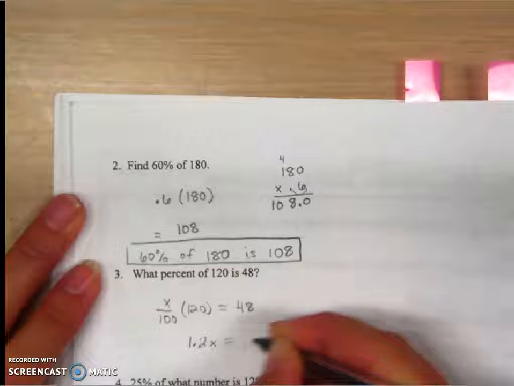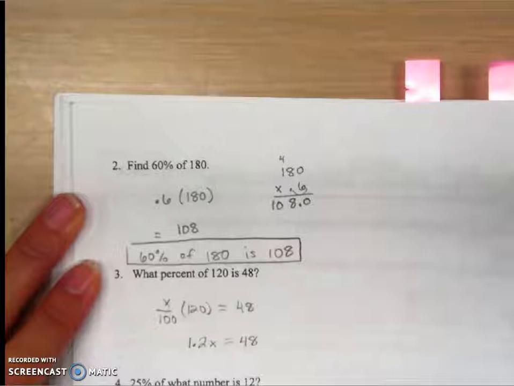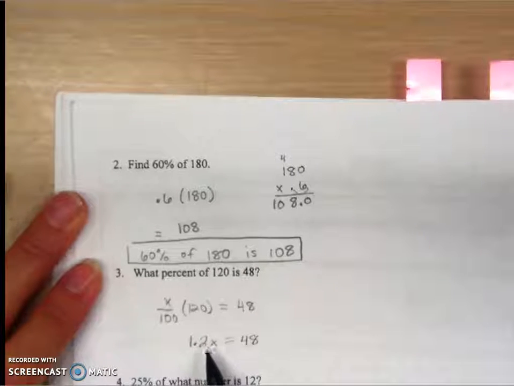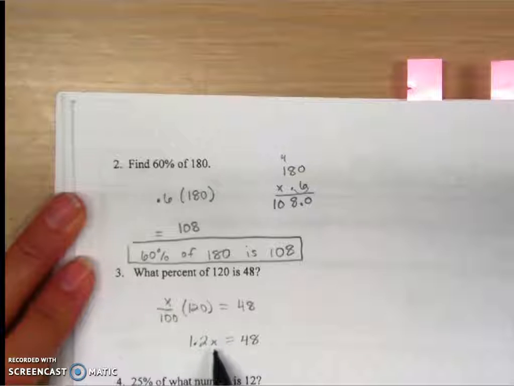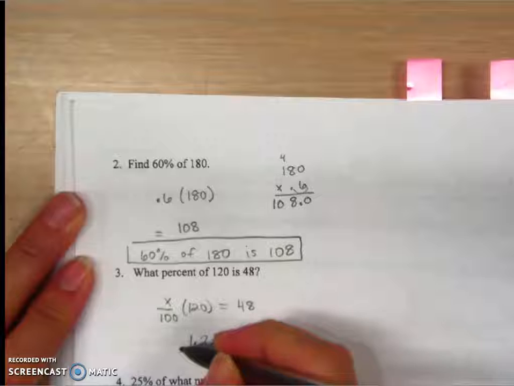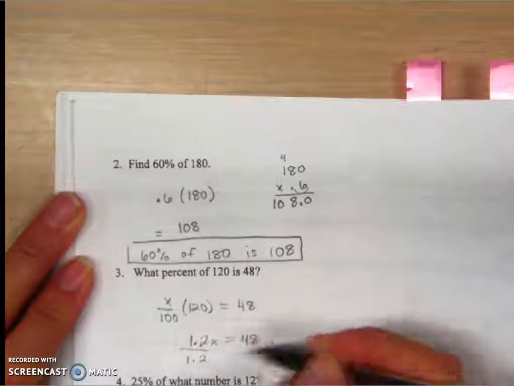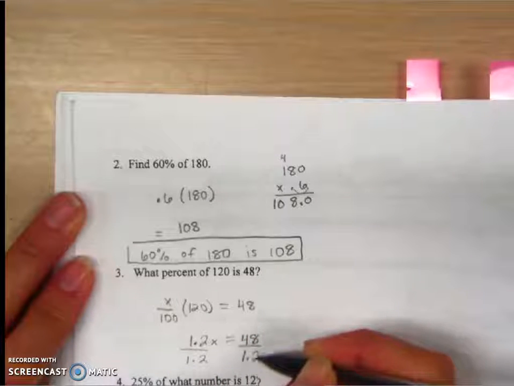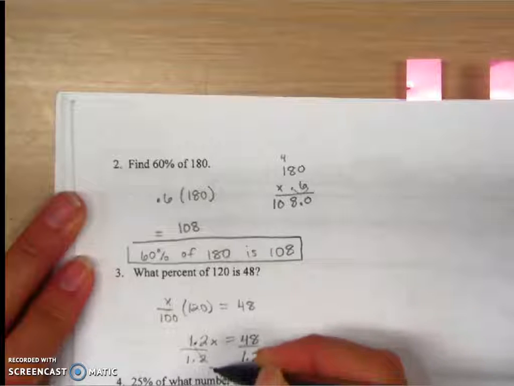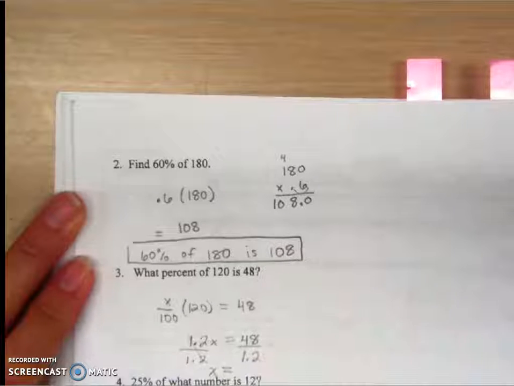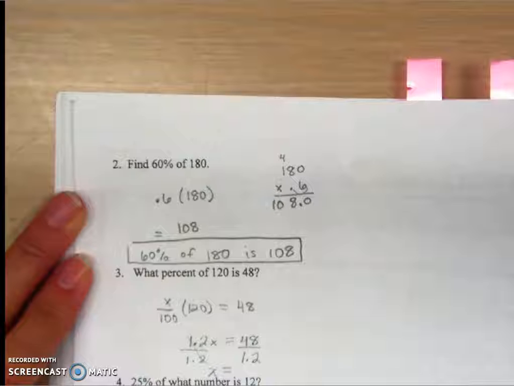X equals 48. And then here the X is attached to the number, and so this is that situation where we have to divide. And so I'm going to divide both sides by 1.2 to make that go away because what we don't know was attached to it, that X was attached. And there's our little division problem that we need to work out to the side.